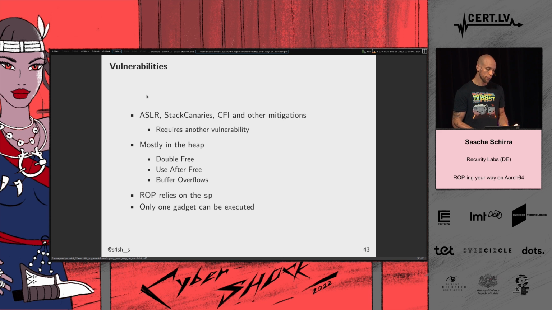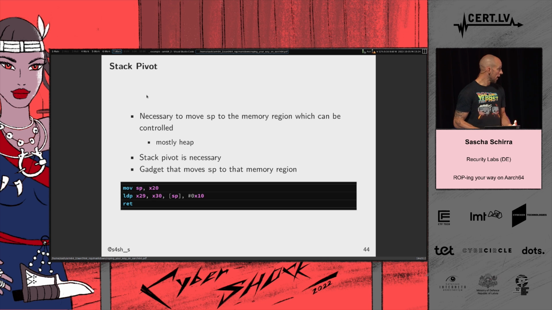So what you can do here, you need to look for one gadget which moves your stack pointer to another region of the memory, a region which is controlled by you. This is called stack pivoting.